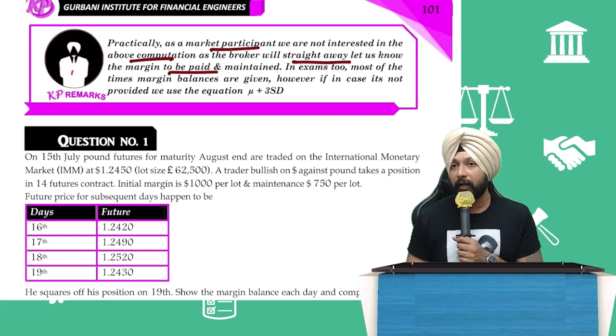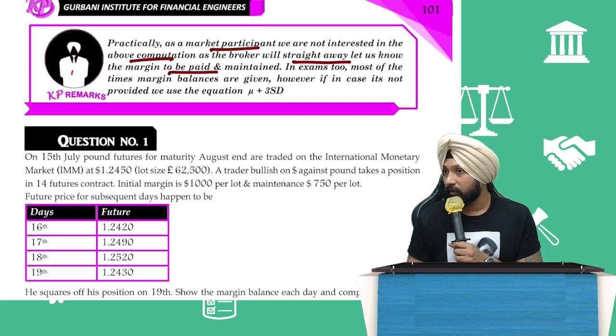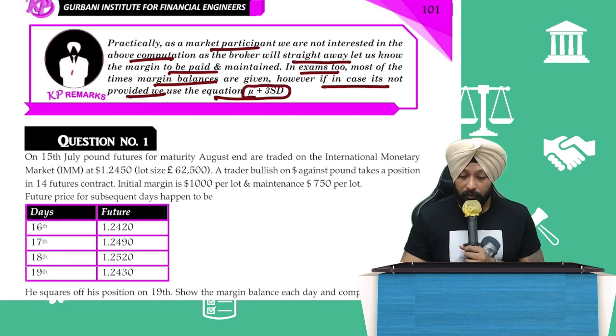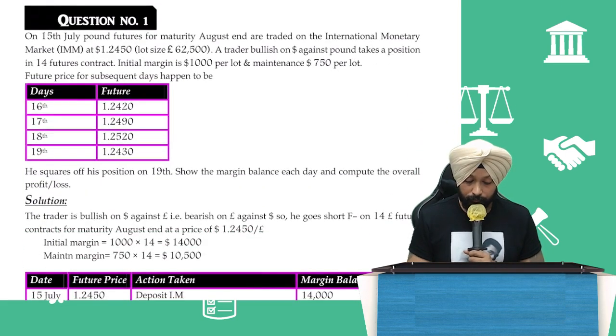You open your demat account, you try to put a trade over there, and it will start reflecting the margin required. If you have sufficient margin, they will allow you to execute the trade. If margin is not there, they will deny the contract. In exams too, most of the time margin balances are given. However, if it's not provided, then we use the equation mu plus 3 times standard deviation.